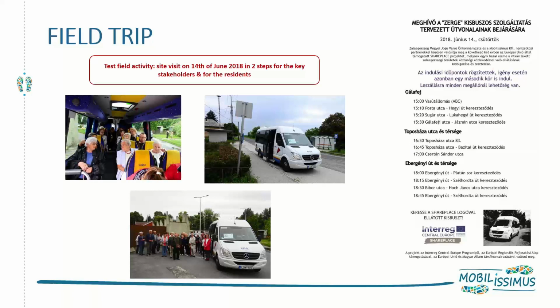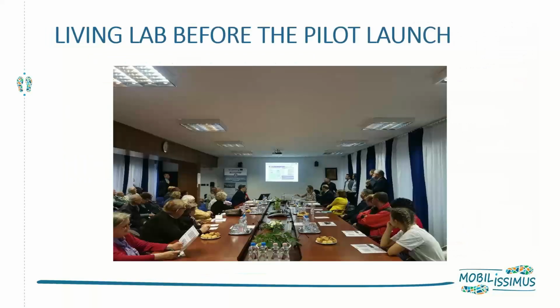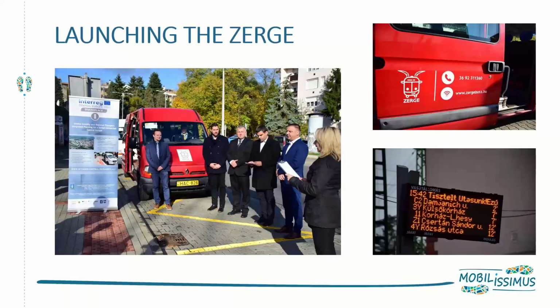Some field trips were also organized to test the potential of the service and its potential acceptance by the target group. Living lab activities and workshops were then repeated before the pilot launch, in order to fine-tune and define the operational aspects to be implemented for the test.